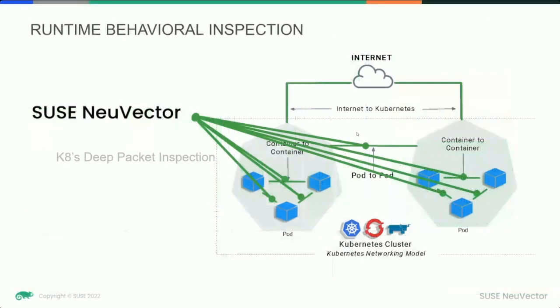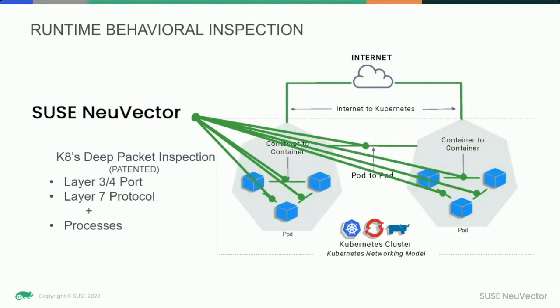So what's cool about NewVector, and how did it actually start and how does it do things? It actually has deep packet inspection built in at the very core of it. And this product sits on top of the Kubernetes virtual switch, unlike the majority of other Kubernetes security products that sit on eBPF.